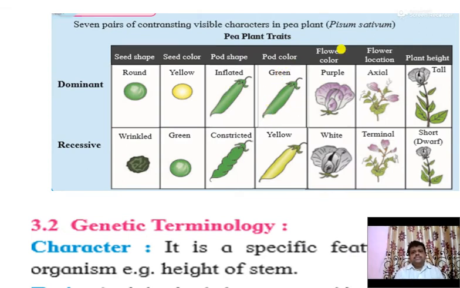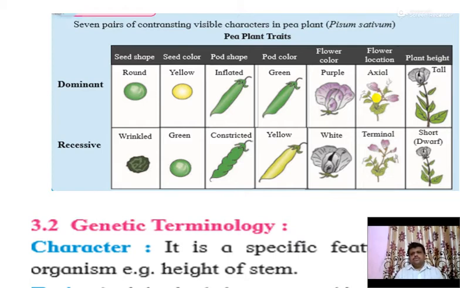Let us see the next one, that is the flower color. Purple color is dominant over the white color. So purple is dominant and white is recessive. Now just see the exact location of the flower, or the flower location. The axial position is dominant and the terminal position is recessive.